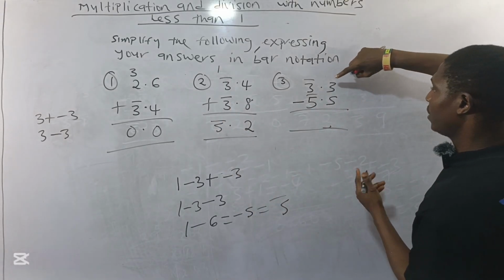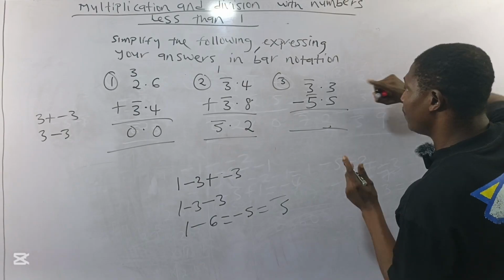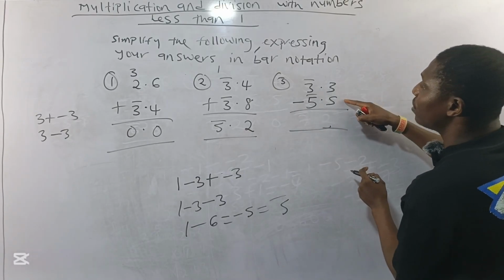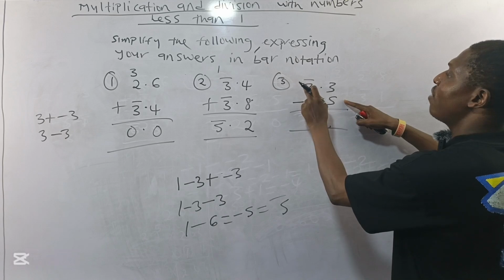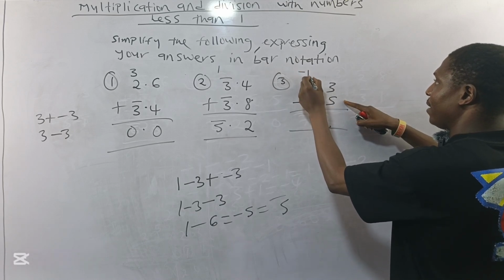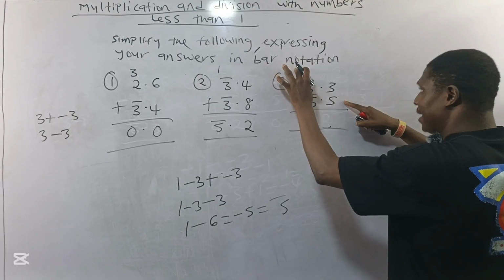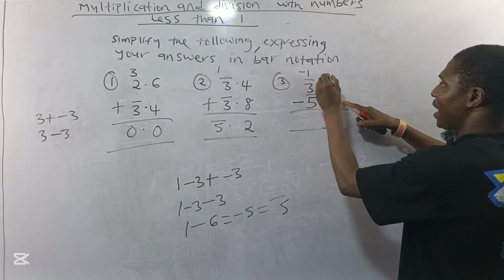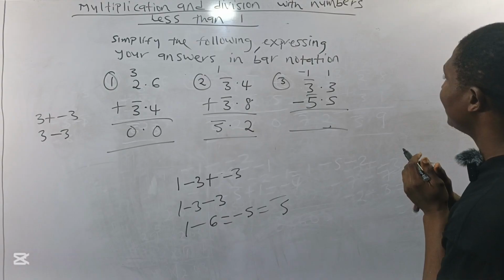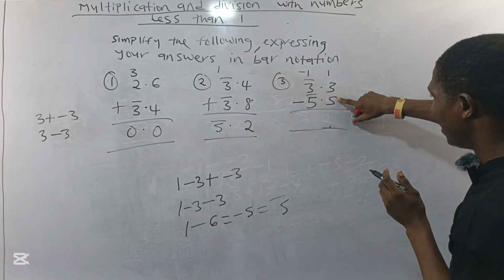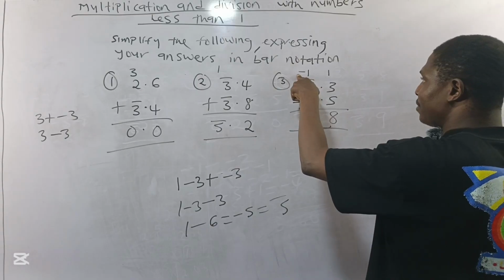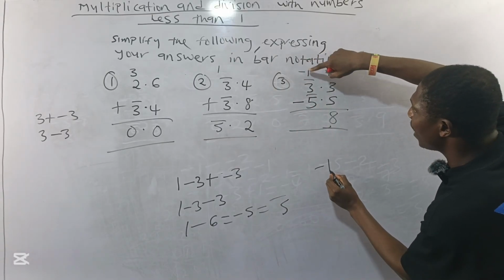For this, 3 minus 5 cannot. Please be careful with this. I will take 1 from here. If I take 1 from here, here becomes minus 1. Here that has been reduced by 1. And here becomes 1. If I put 1 here, it becomes 13. 13 minus 5 will give me 8. Here is minus 1.